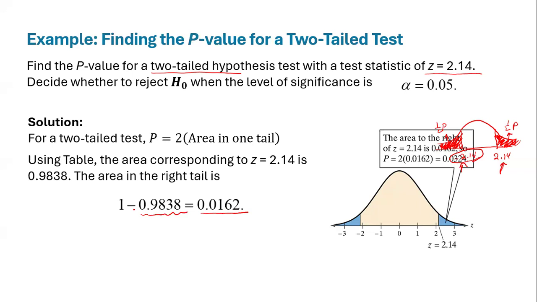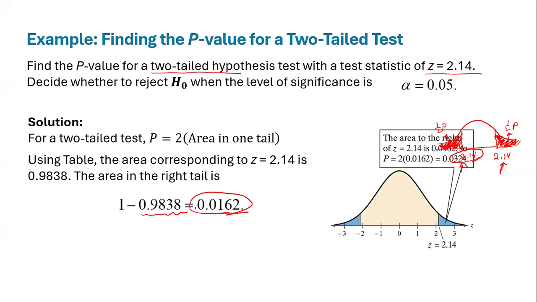If you use positive 2.14, remember that the p-value is the area to the right, so the number from the table must be subtracted from 1. But if you use the negative 2.14, the exact number from the z-table is your answer. But we know that this is the area in just one tail.